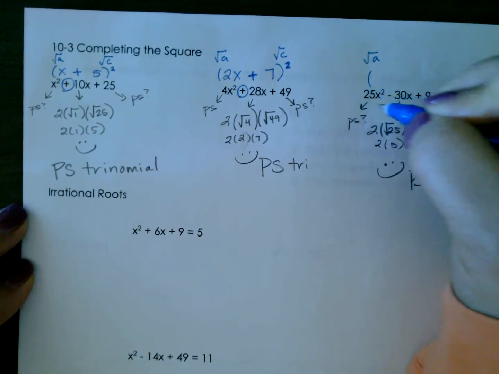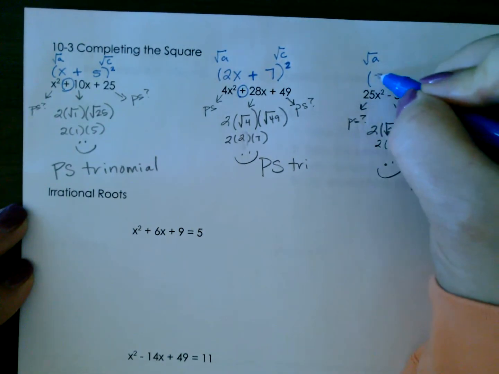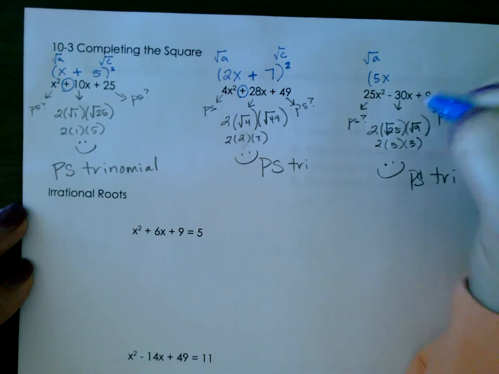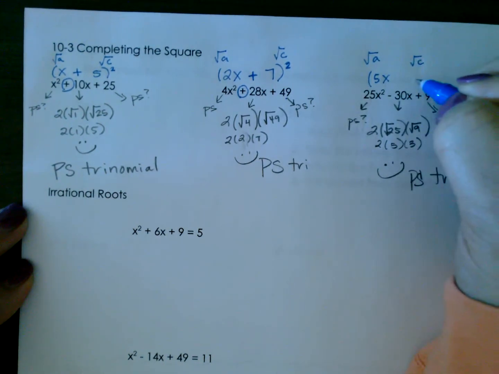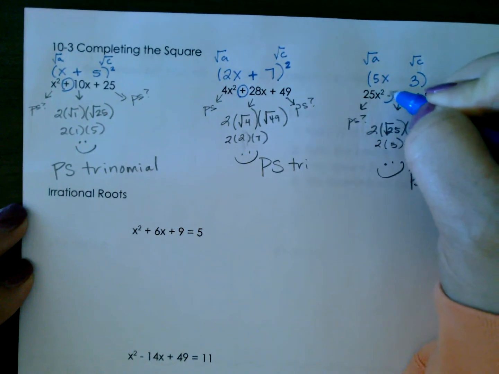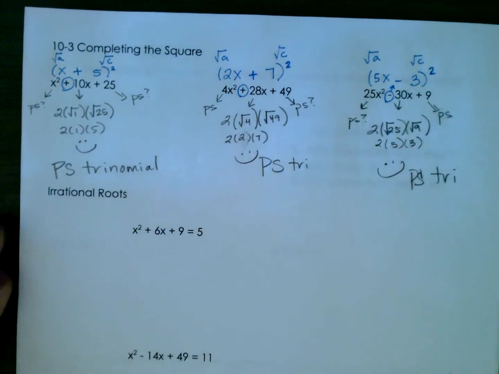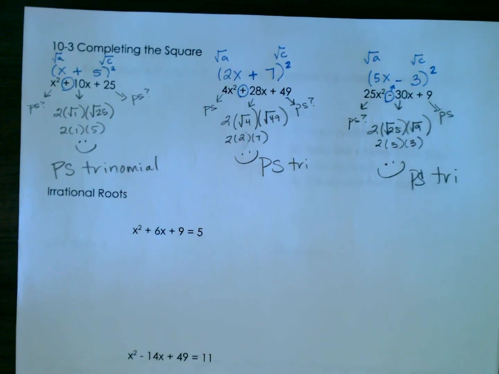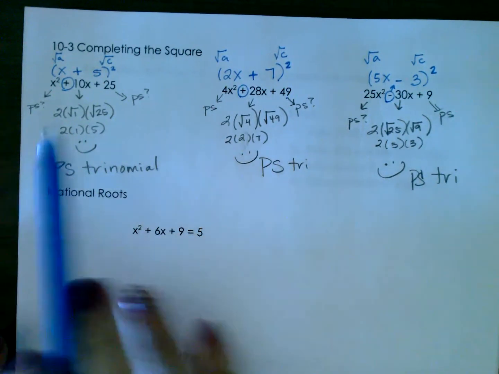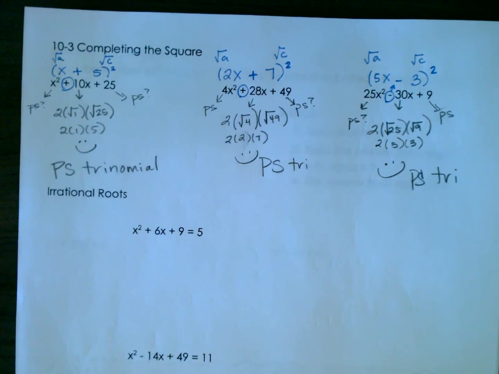Following the same thing, square root of the A term, square root of the C term, sign in front of B, squared. 5x minus 3 squared. Those are all perfect square trinomials.